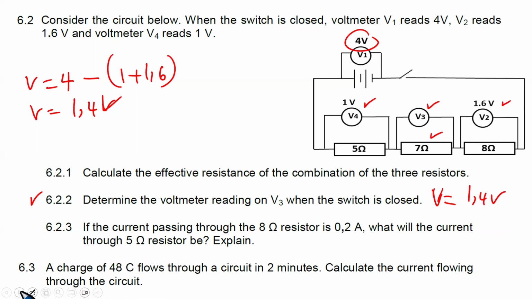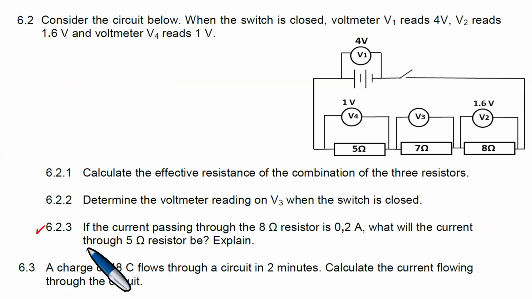All right, the next question, 6.2.3. If the current passing through the 8 ohm resistor is 0.2 amperes, what will the current through the 5 ohm resistor be?